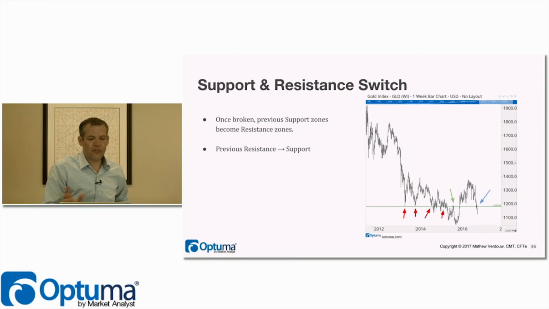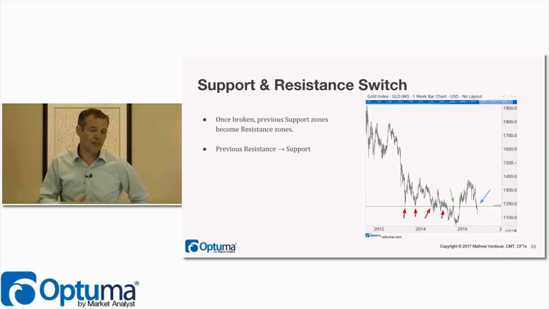All right, where are we? Support and resistance switching. The final point about support and resistance is that in all of these cases, whenever you have a price like this, what was once support can become resistance in the future, and what was once resistance can become support. So when you look at this green line, all those red arrows are places where the market bounced off this one price level.